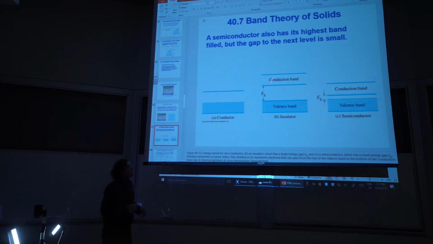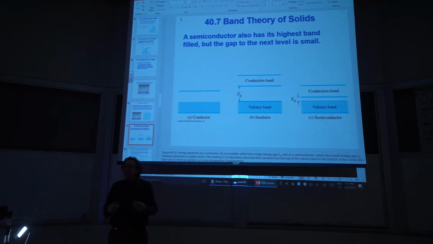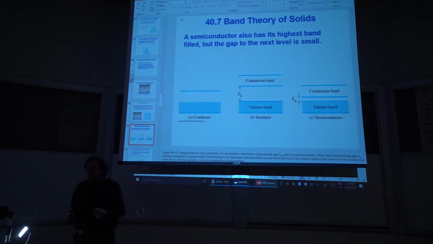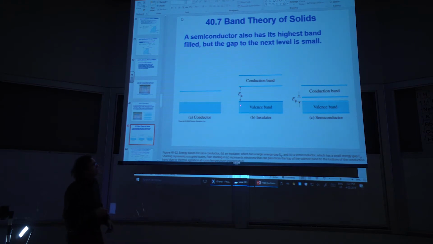If this is a large energy difference, there's not enough thermal energy available. At room temperature, 3/2 kT is approximately 0.03 electron volts, and this energy gap is usually 4 or 5 electron volts.